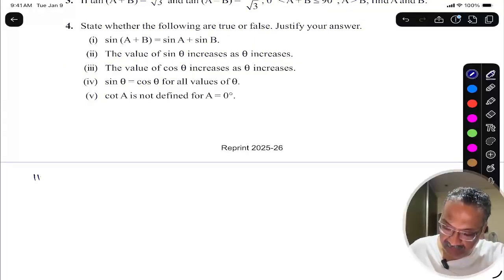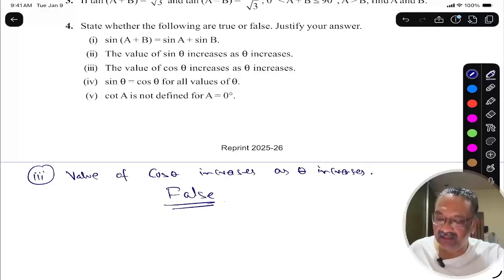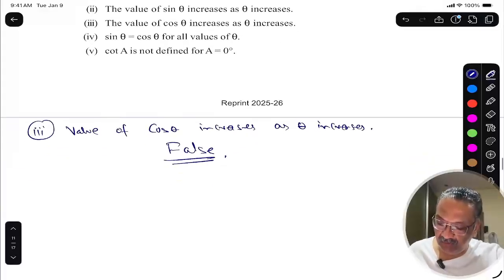Now the third part, value of cos theta increases as theta increases. This is false. See, cos theta is reverse of sin theta. If you have written the table, you know. To prove that, what you can say is cos 0 is equal to 1, whereas cos 90 is 0.